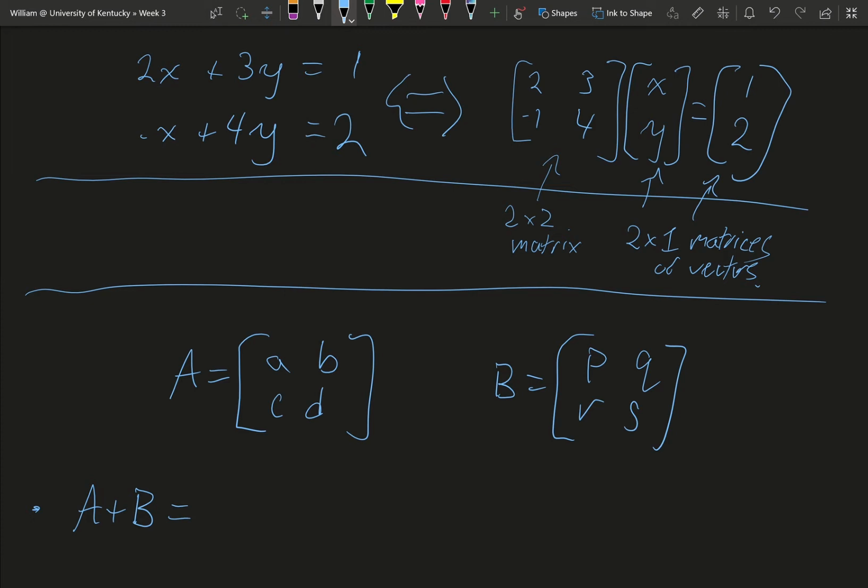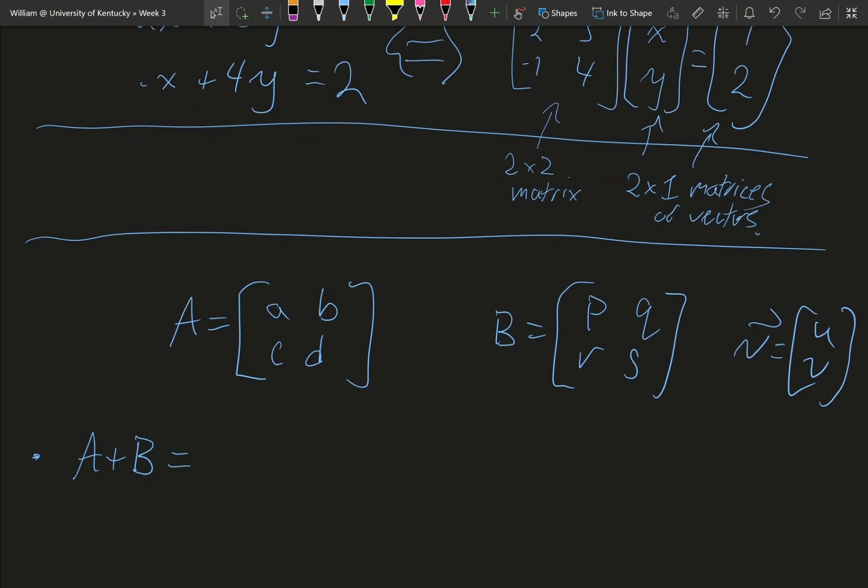I can't add A, B, C, D, and let's say I have V, which is U, V. I cannot add A to V. But I can add A and B, and I do that by just adding up the entries.